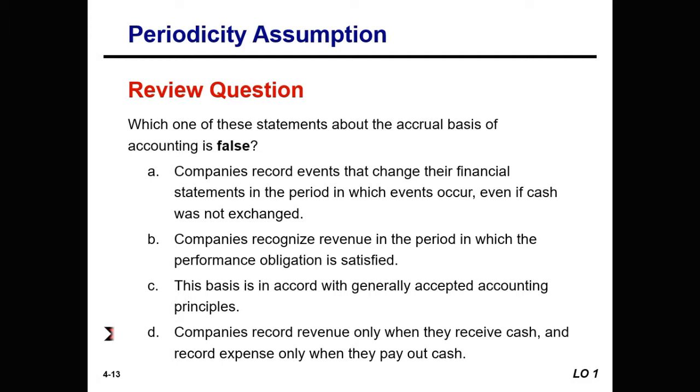It should be that companies record revenue only when they receive cash and record expenses only when they pay out cash. That is the cash basis of accounting and not the accrual basis of accounting.